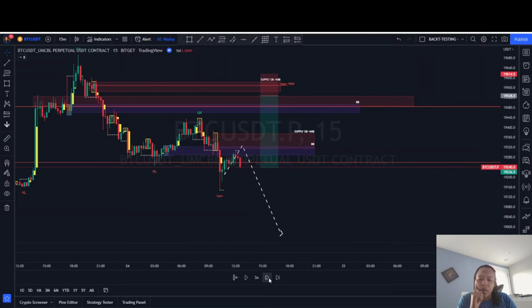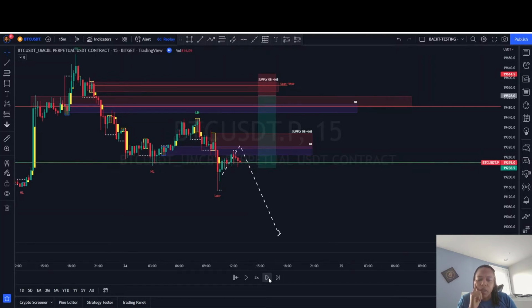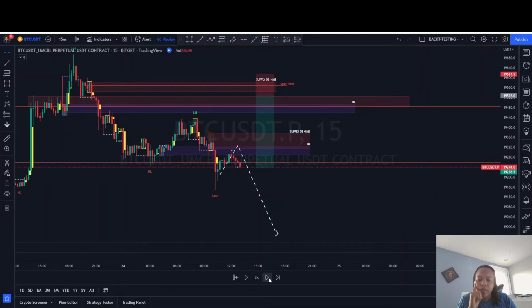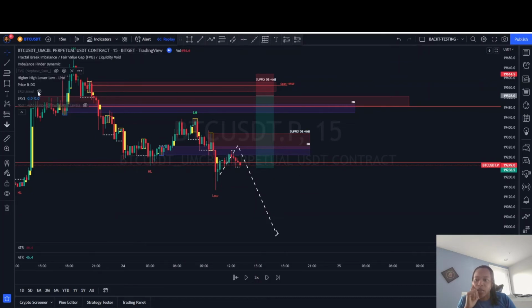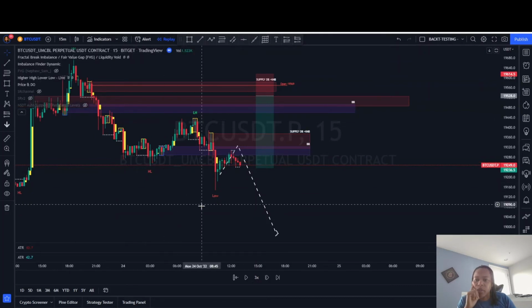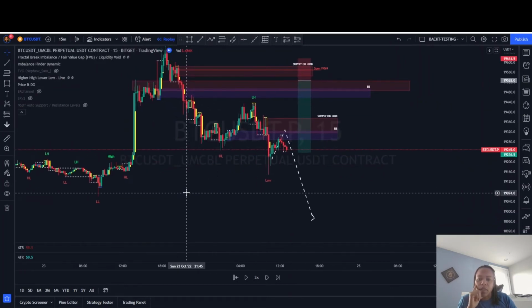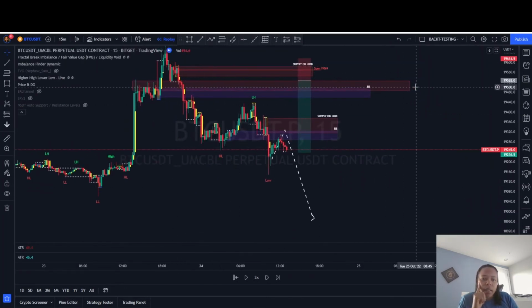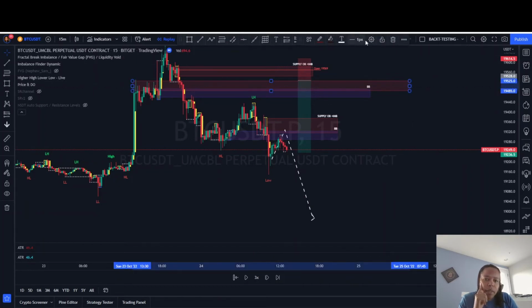All right, so what are we looking for? I'm looking for something. You know what? This thing, I don't know that I like it very much. I might need to draw my own support and resistance levels, honestly. This is kind of irritating. All right, so let's use the ones that I've drawn up here.